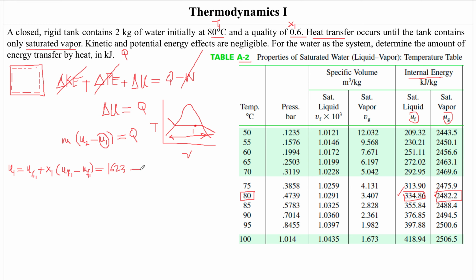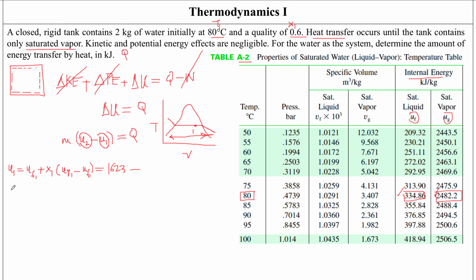And what else do you need to do? You need to find out the specific volume at state 1 as well, because for state 2 you've only got this information given to you, that is a saturated vapor. You need some kind of information so you can go ahead and find out U2.